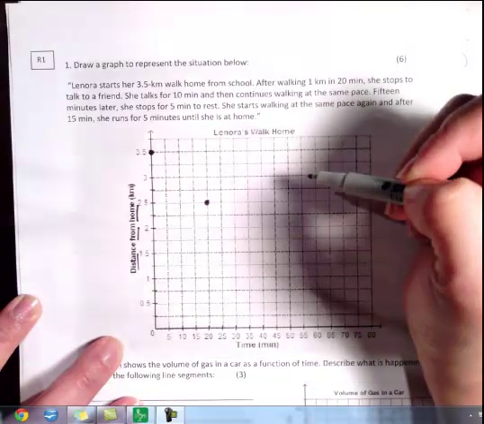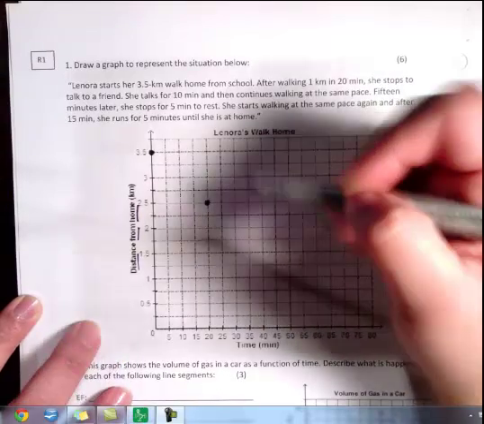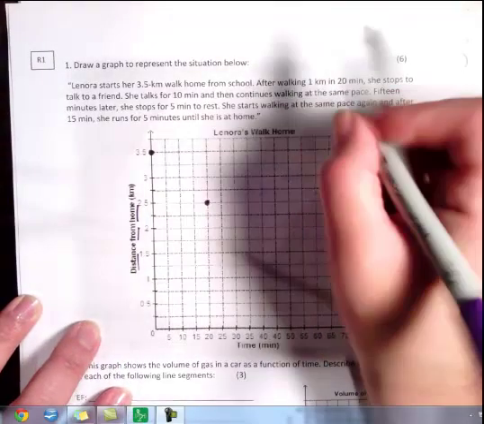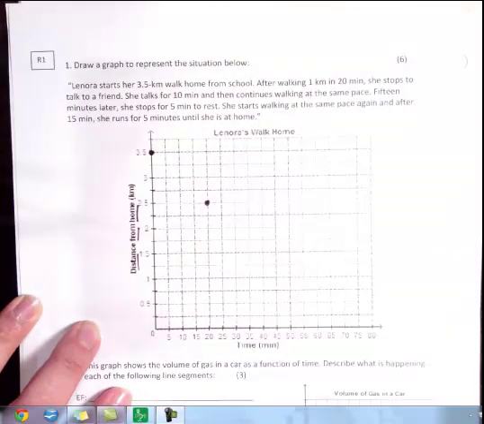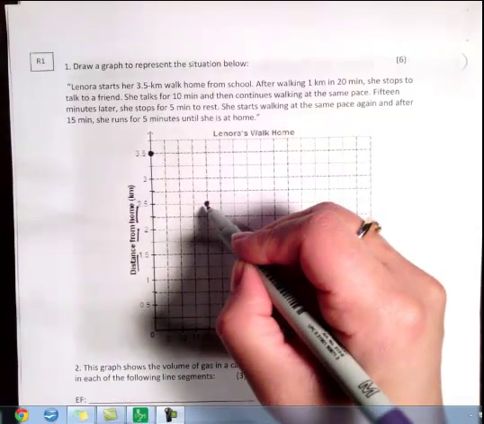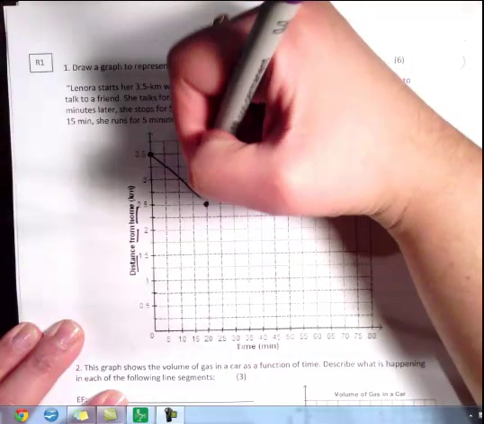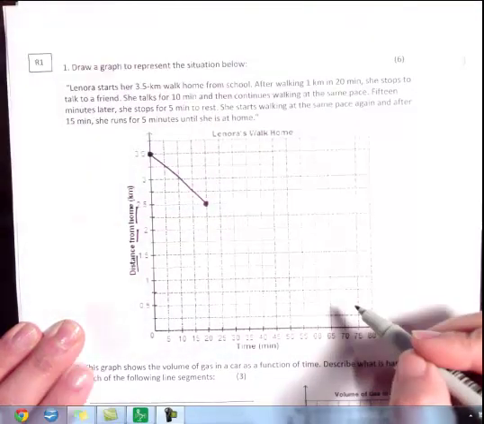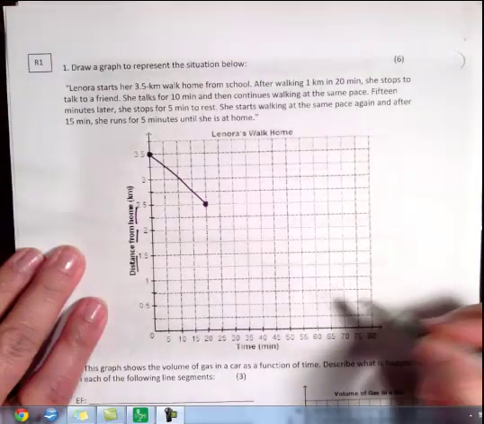That's our first point, our first line that we're going to connect here. After that, a good idea is to connect the two dots with a straight line. Hopefully you have a ruler. I just realized I didn't have a ruler.